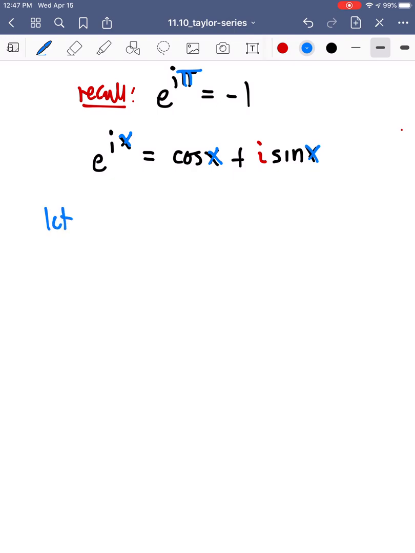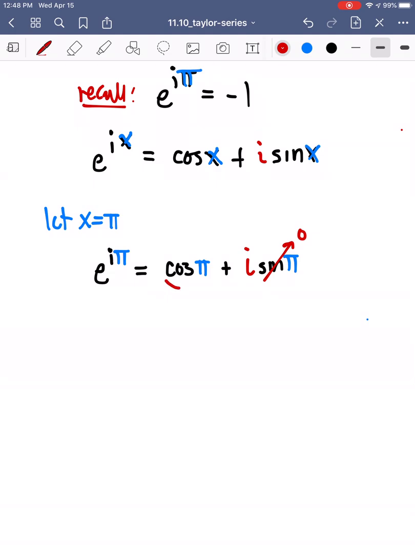So if we let x equal pi here, we have e to the i pi equals cosine of pi plus i times sine of pi. And you might remember, well, the sine of pi, that's just equal to 0.